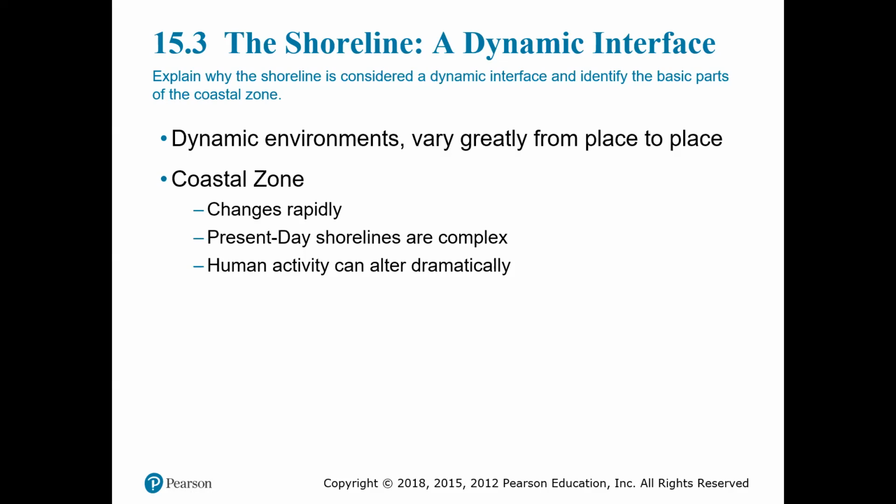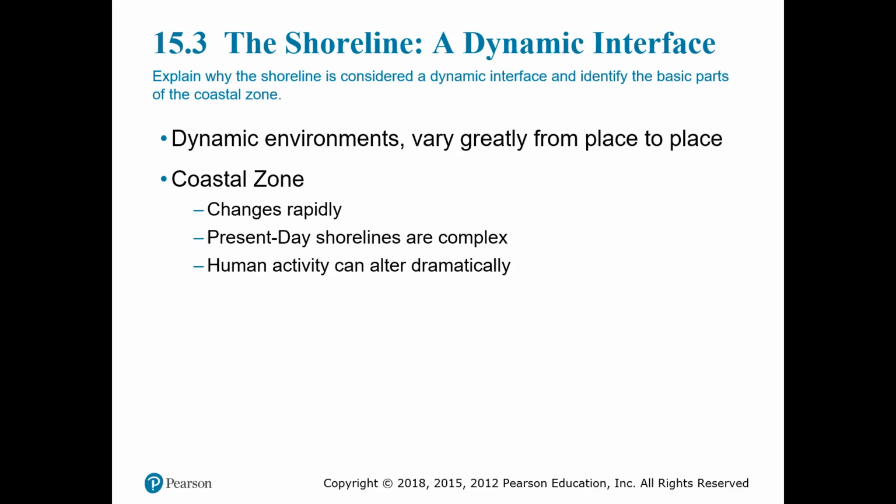The shoreline is never the same due to the effect of waves, sea level fluctuations, climate, topography, and it's considered an interface because it's a boundary where different parts of a system interact. And at the shoreline, we have the air, land, and sea all coming together.